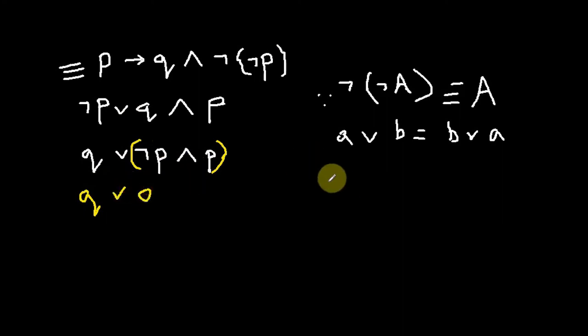Why? Because if I say not P is 0, the expression becomes 0 and 1, which is 0.